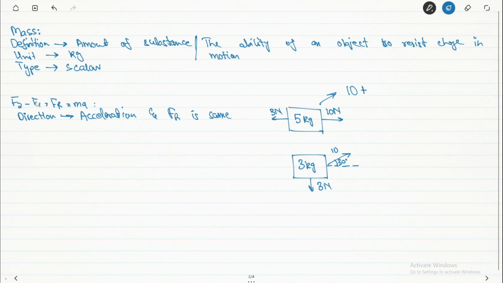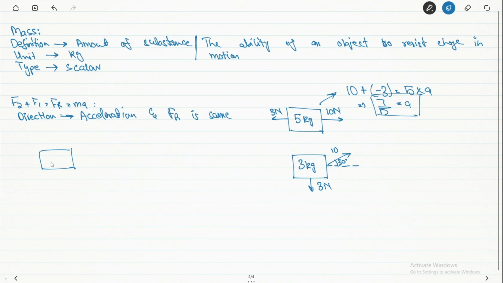Actually, let's just do it our own way. The 3 Newton backwards is -3, and the mass of the object is 5, into a. Let's find its acceleration real quick.